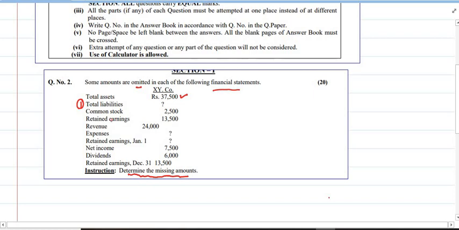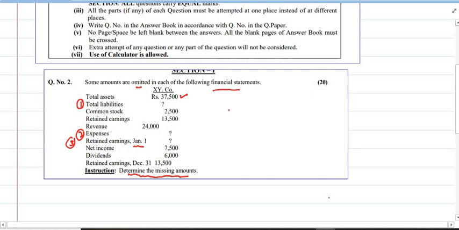Then common stock is given, retained earning is given, revenue is given. Expenses are missing, so we have to calculate that as the second number. And the retained earning on January 1st, which means the beginning retained earning, we have to calculate too. Net income is given, dividend is also given. So let's start from the liability.